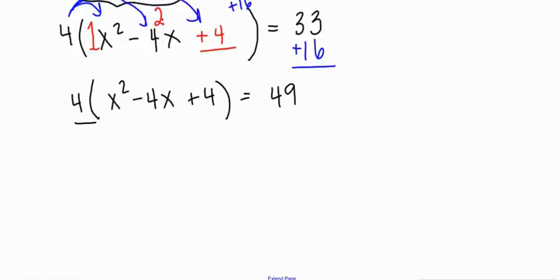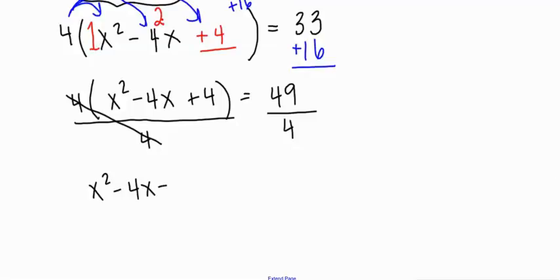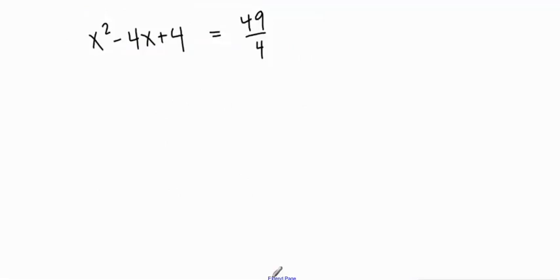From here, I can divide both sides by 4. I will have a nice trinomial that is factorable, so try not to get lost with that fraction there, because I know that sometimes we get a little intimidated by fractions.